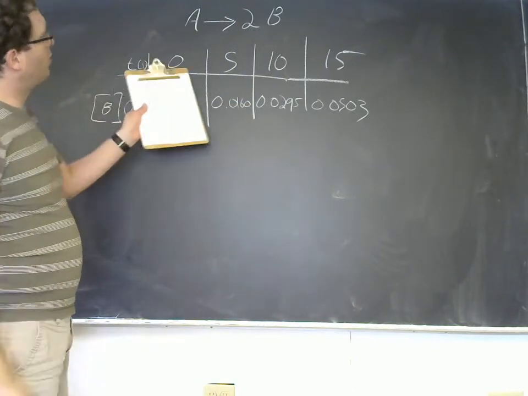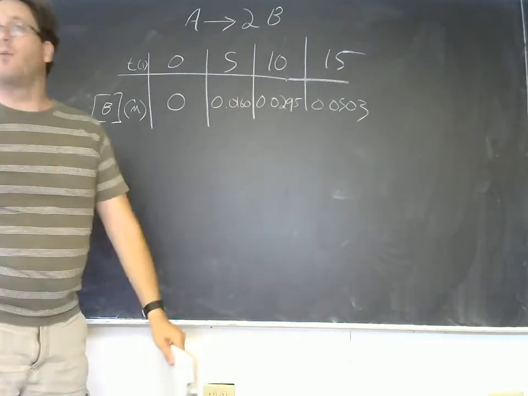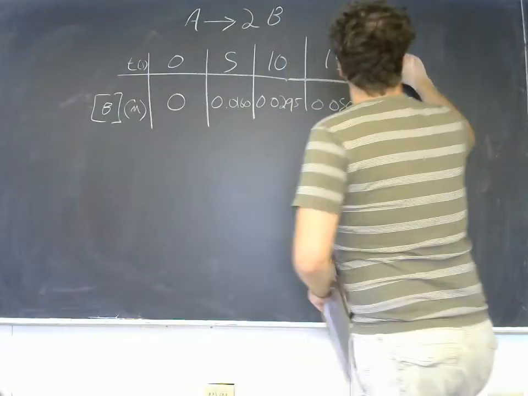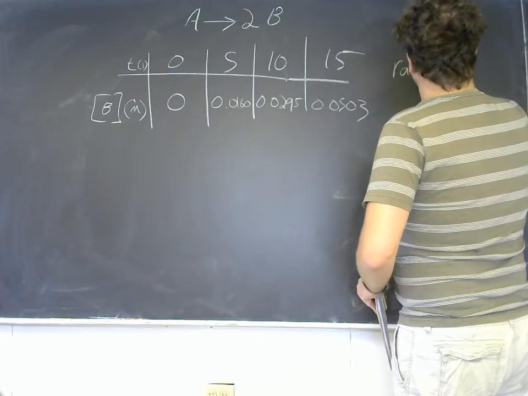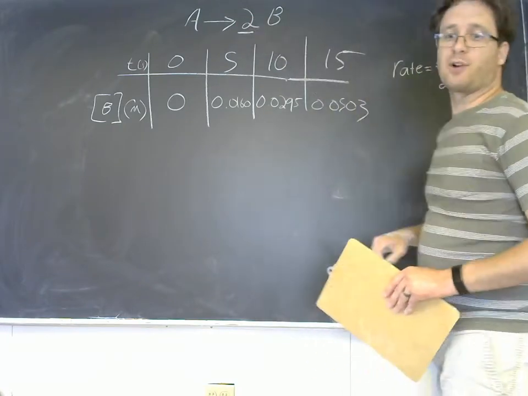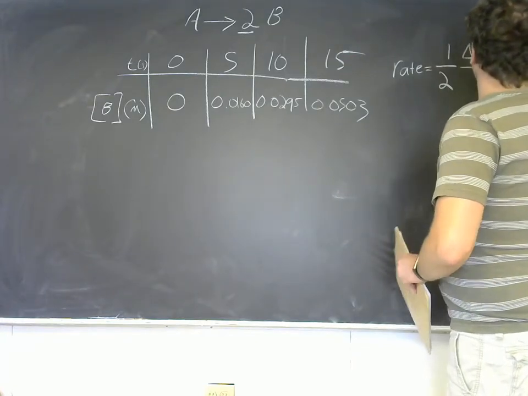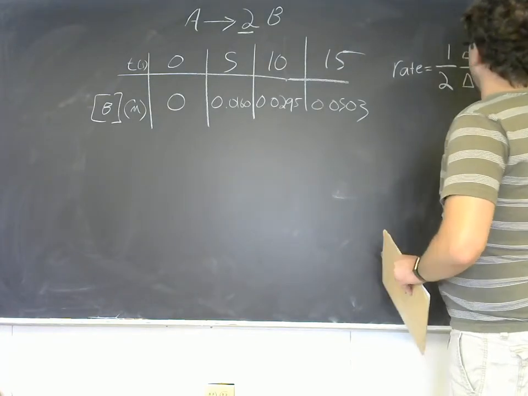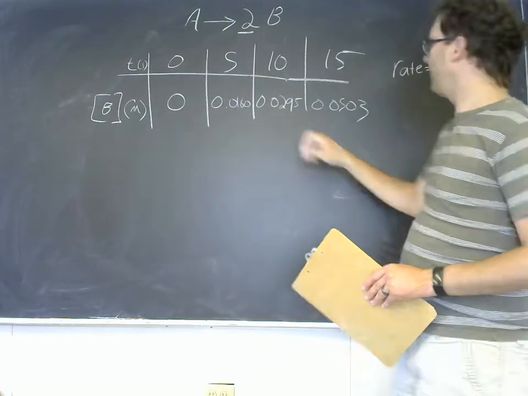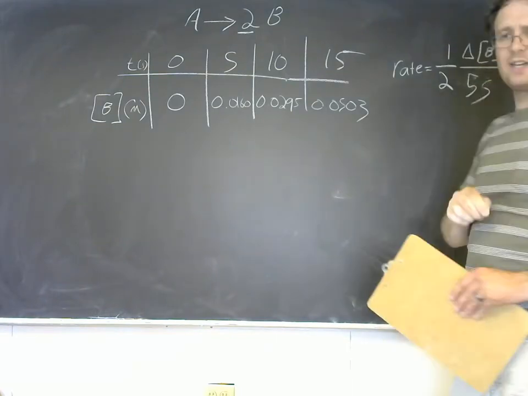This is low resolution data, so we're going to have to look at intervals. And let's figure out what the reaction rate is at each interval. We'll use the same equation. The rate is going to equal 1 over 2 because of that stoichiometric coefficient of 2, times the change in the concentration of B over the change in time. And it looks like all of the time intervals that we can look at here are going to be 5-second intervals.